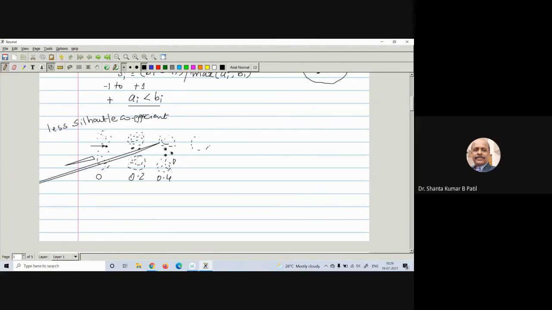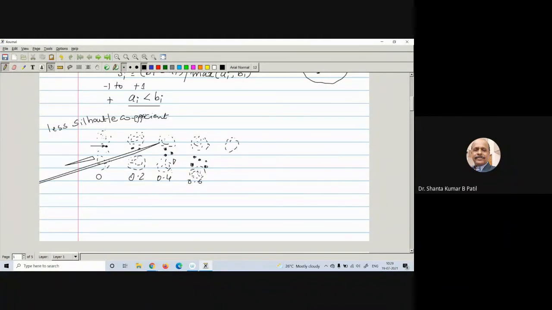Like that, this is the cluster. The dark points now increase. The dark points are increased in both the clusters. So the Silhouette coefficient may increase from 0.4 to 0.6.